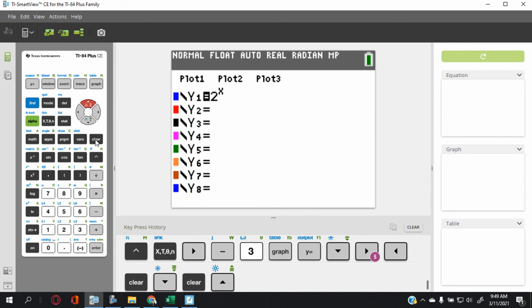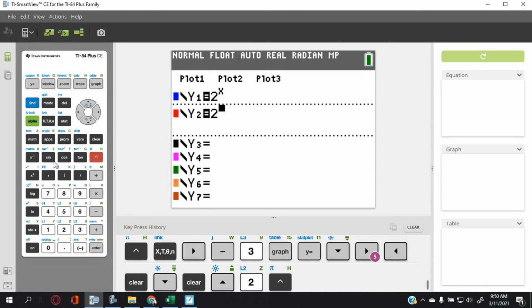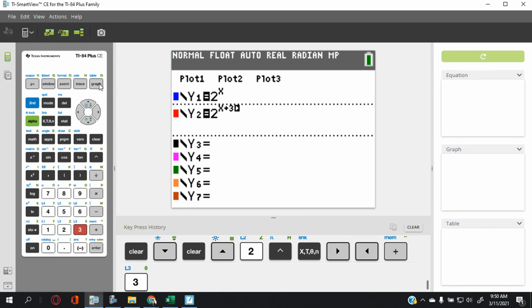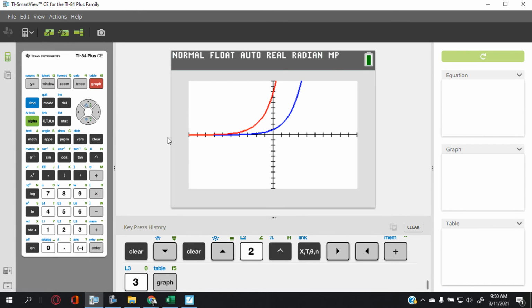instead of doing that, I do 2 to the x power, and instead of going 1 right, like we used to, we're going to stay here, and we're going to add 3. Look what happens. All right, take a look. This is the second one, right? And what happens if we add a third one?